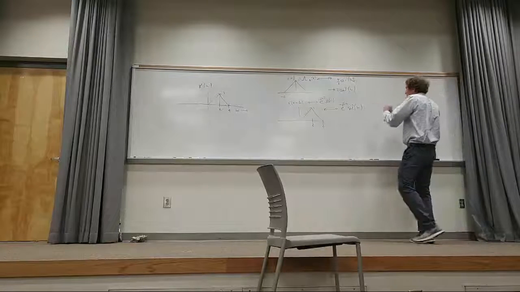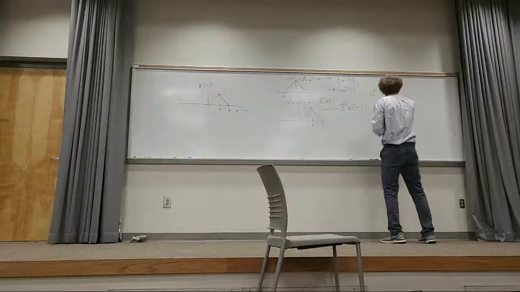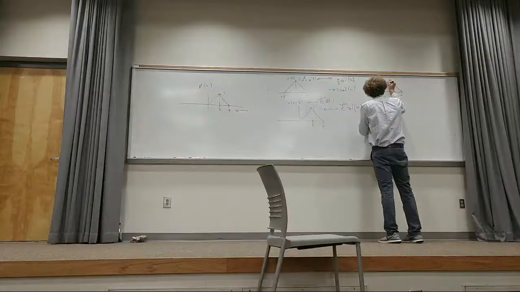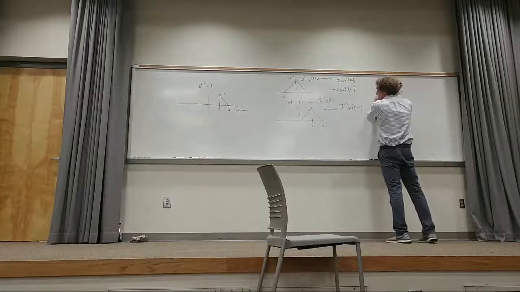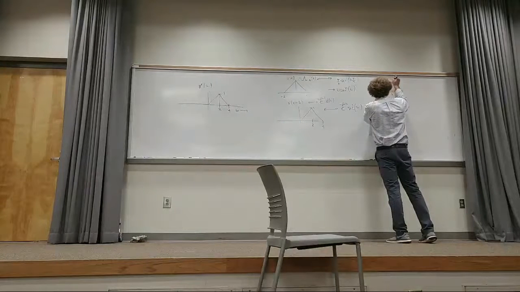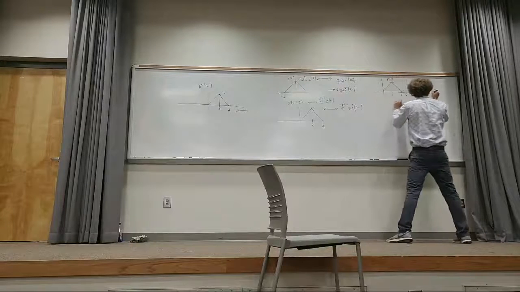So now I'm going to say this function in time, I'm going to take that one. This is going to be my function right here. And I'm going to just label it as x of t, versus time. It goes to, in the frequency domain, this function.